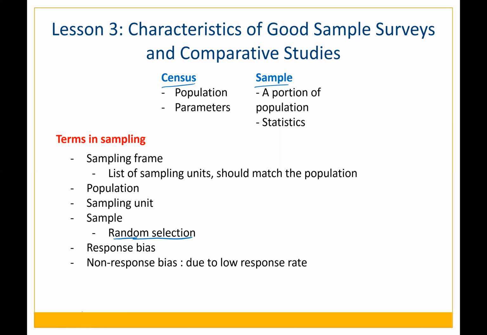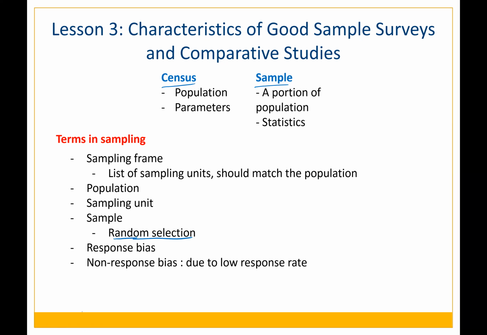If the sample is picked by random selection, that is one way to ensure our final result is reliable. That's also something we talked about last week. Then we have response bias and non-response bias. Response bias is where you survey different subjects and each of them has different tastes.